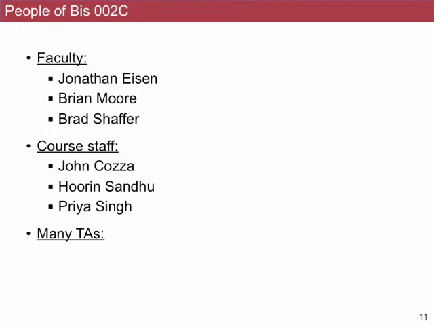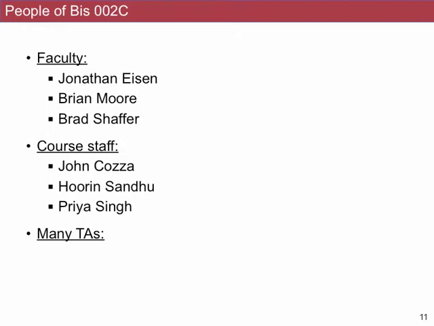All right, so what I'm going to do now is introduce you to some of the course staff, and they're going to tell you a little bit more about what they do here. John Koza, who's the course coordinator, is really the person you should go to with questions about details of the class.